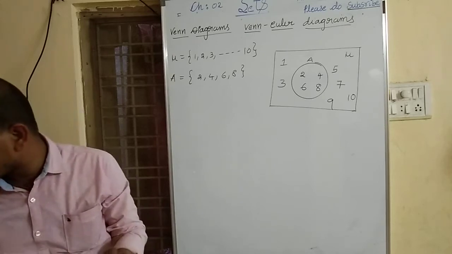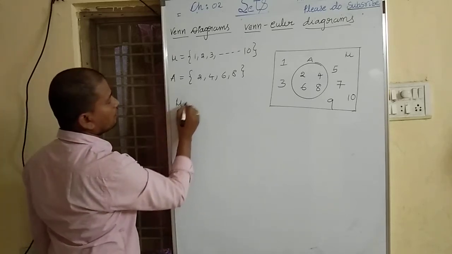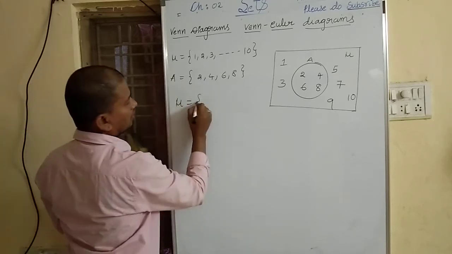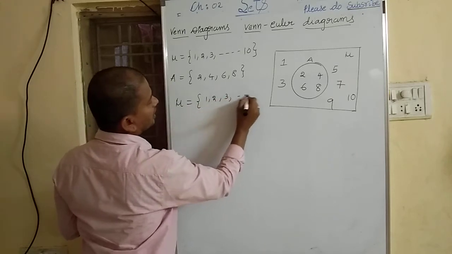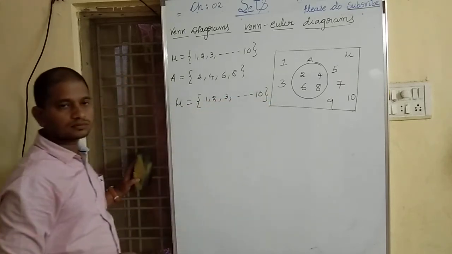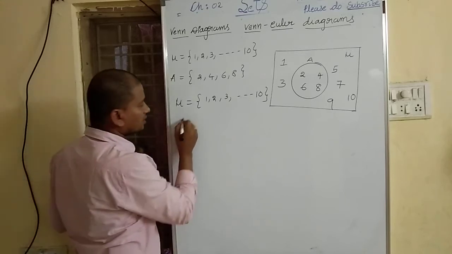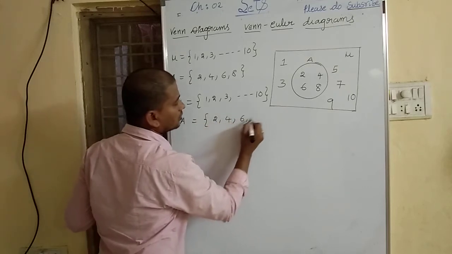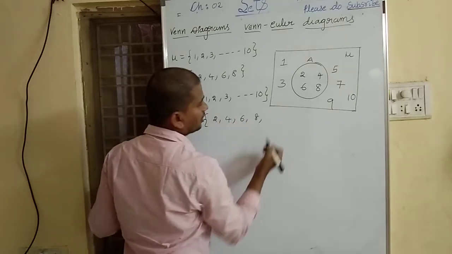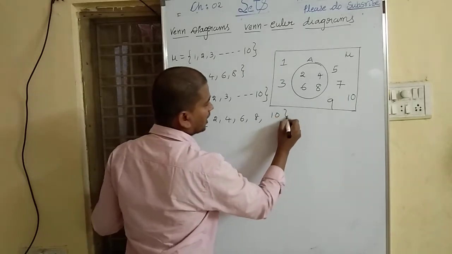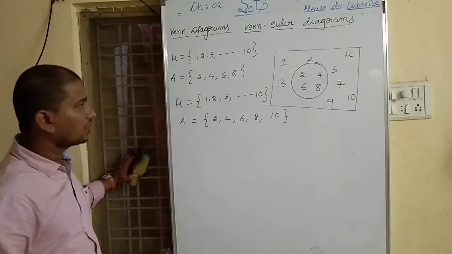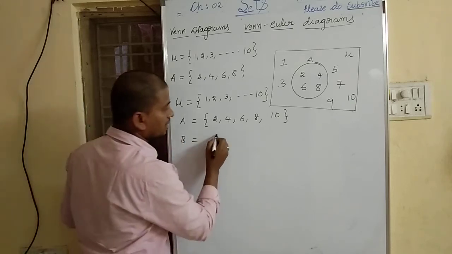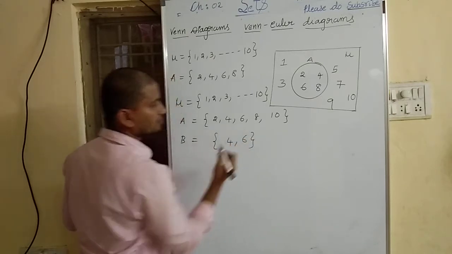Okay, let me explain one more example. Mu equal to 1, 2, 3 and so on up to 10, and two subsets: A equal to 2, 4, 6, 8, 10, and set B equal to 4, 6.